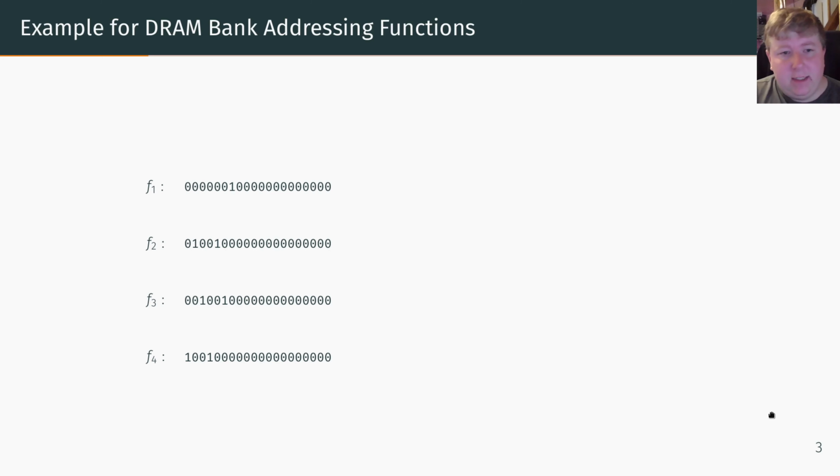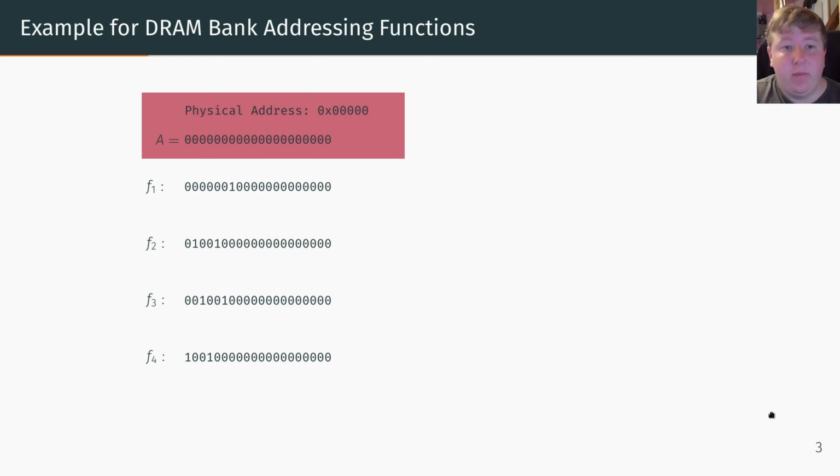I'll explain how this address function works with a short example. So let's assume we have four address functions, f1 to f4, and the physical address 0, which is shown as A with all zeros in binary. Then we could calculate a bit of the address function by applying a bitwise AND to the function and the address A and performing an XOR over the result.